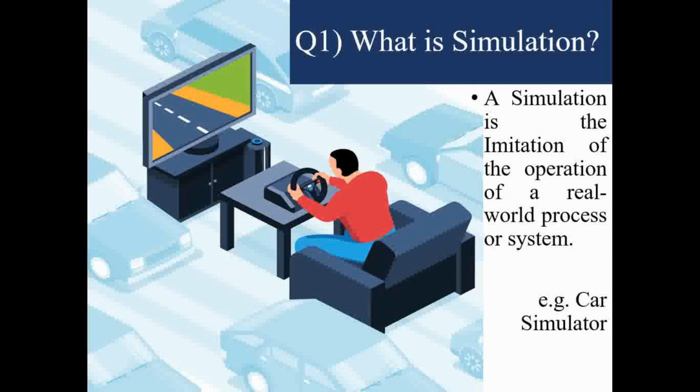Instead of practicing directly on the road, we can understand the road conditions, driving conditions, and which things have to be done by the driver. That is helpful to us, and by making use of that, we can learn our driving skills in a better way. So that is the use of simulation.